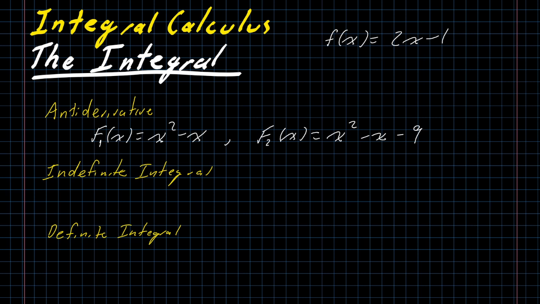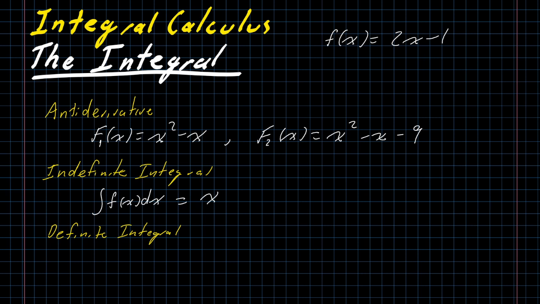And in fact, there are infinitely many such antiderivatives. But if you just need one, we call it the antiderivative. If you need a general expression for all of them, we call that the indefinite integral. The integral of f of x dx is the family of all of the possible antiderivatives.